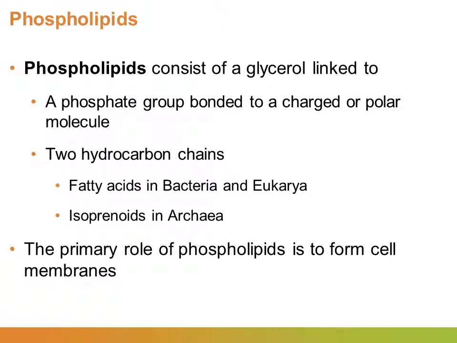The last group of lipids are called phospholipids, and they too consist of a glycerol, but instead of having three fatty acid tails, they only have two. One has been removed and replaced by a phosphate head, and this is how they get their name, phospholipids. Phospholipids are important because their primary role is to form cell membranes.